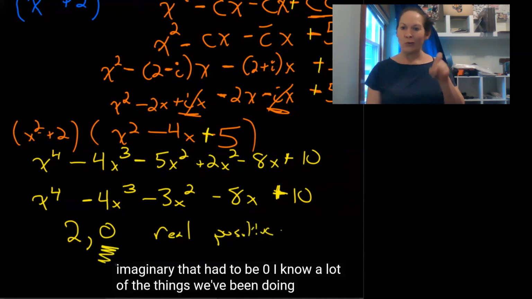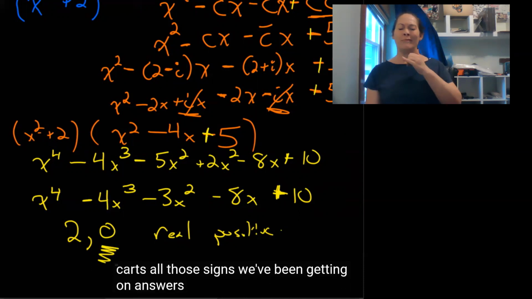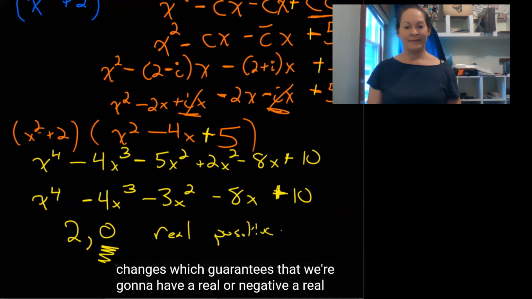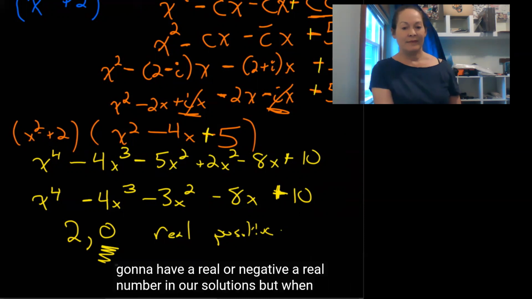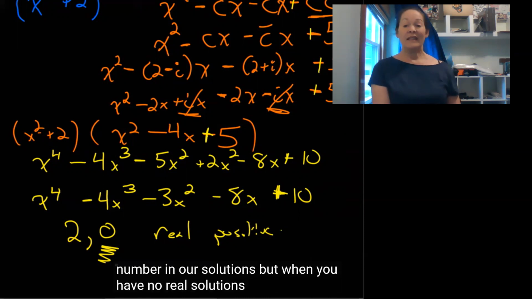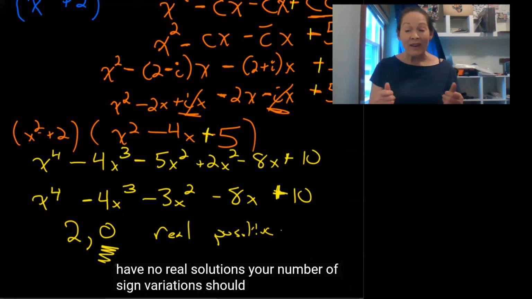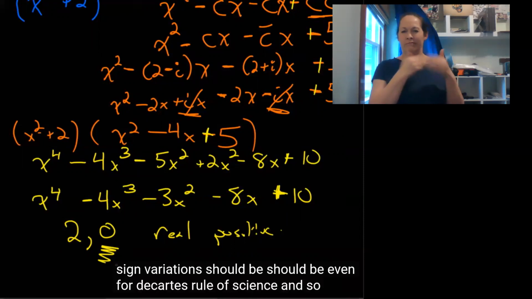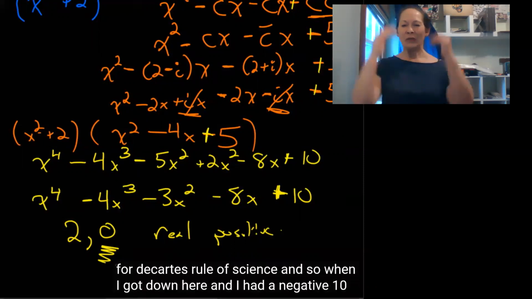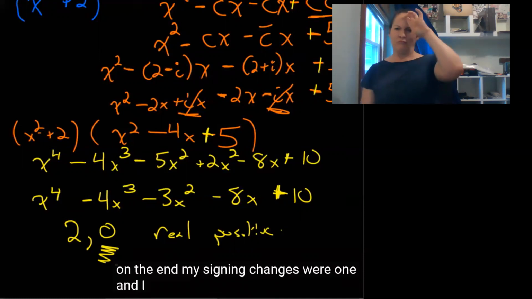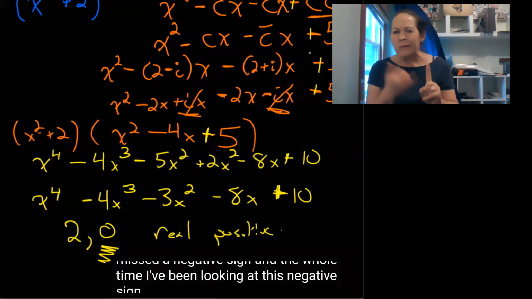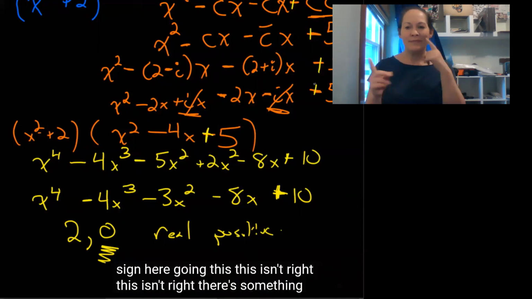A lot of what we've been doing with Descartes' rule of signs gave odd numbers of sign changes, which guarantees a real solution. But when you have no real solutions, your number of sign variations should be even. So when I got down here and had a negative 10 on the end, my sign changes were 1, and I knew it was wrong. I knew I missed a negative sign, and the whole time I've been looking at this negative sign going, this isn't right, there's something wrong about this.